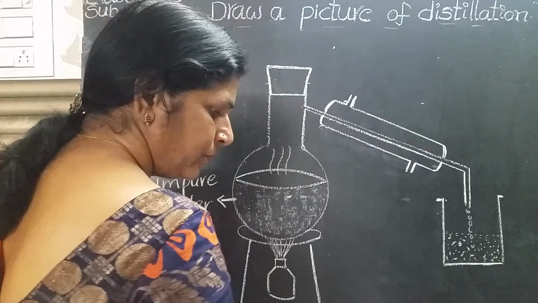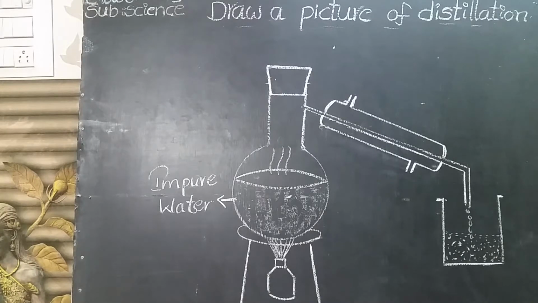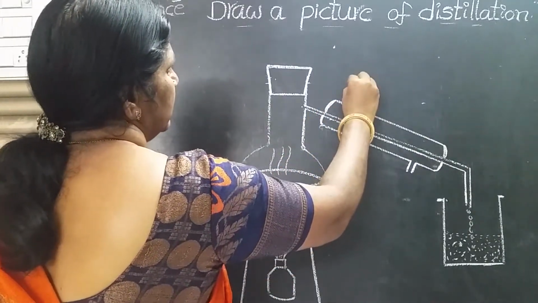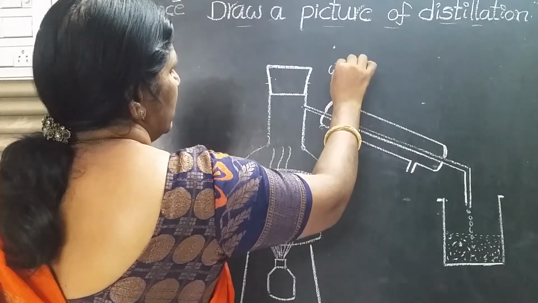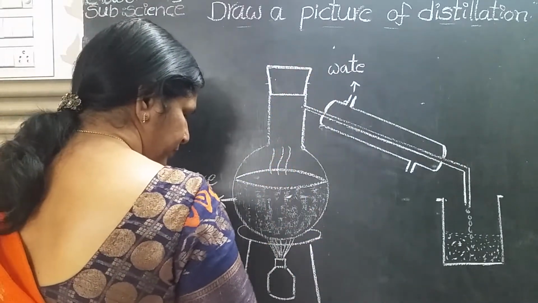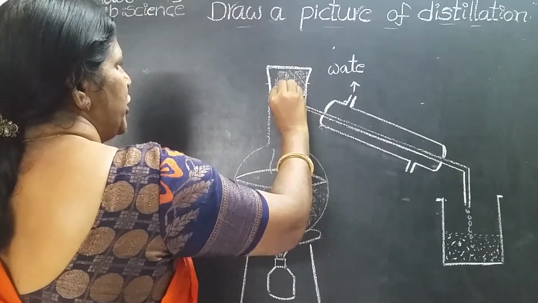Water out. Okay, water out. This is the cork. This is the rubber cork.